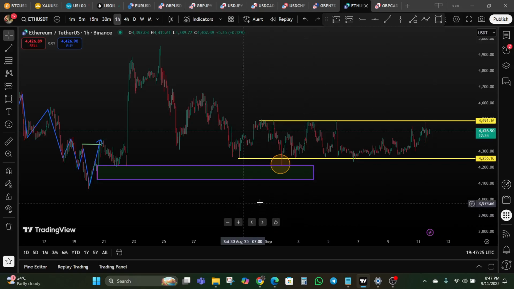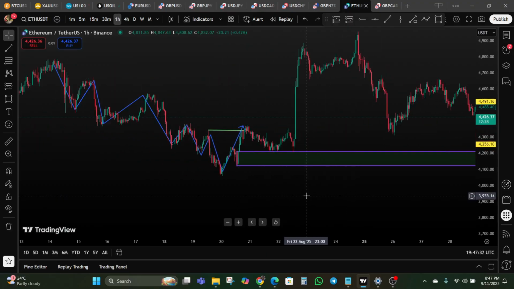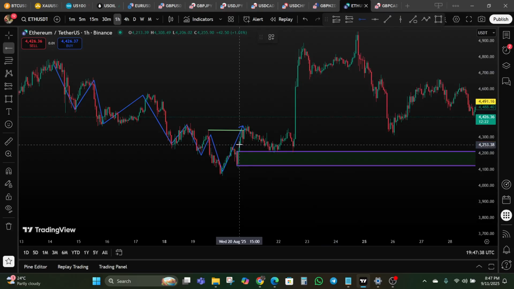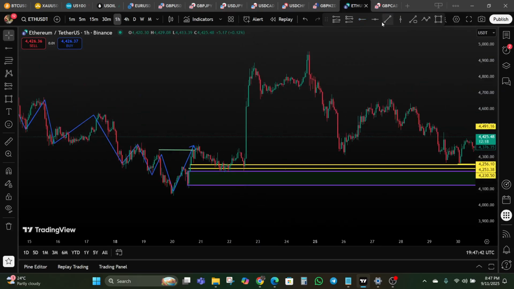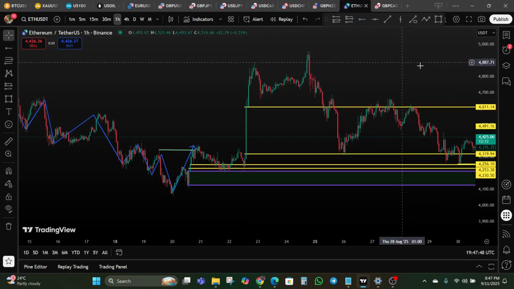Now, the fourth concept is the fair value gap or imbalance, and this happens when price moves aggressively in one direction. You can see we had a fair value gap around this zone, and obviously we had a fair value gap around here as well. This is a very obvious one, right?